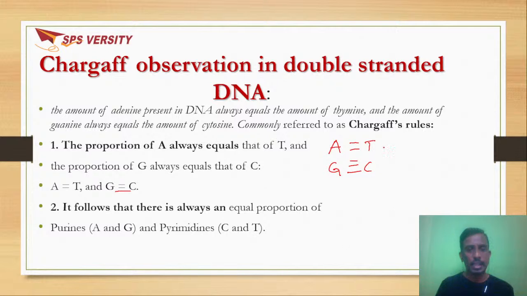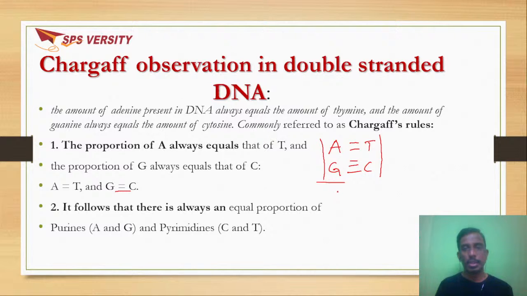So this is a complementary relationship: A always binds with T, G always binds with C. Adenine and guanine come under purines, thymine and cytosine come under pyrimidines.